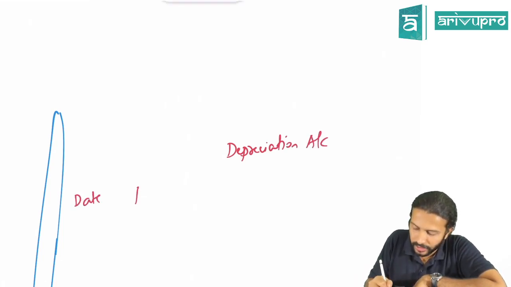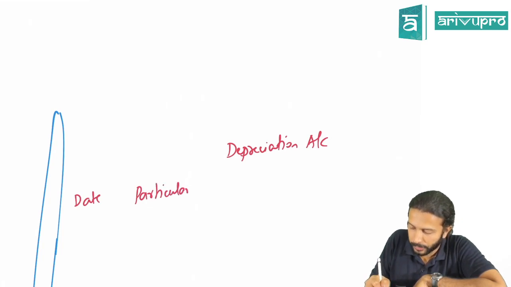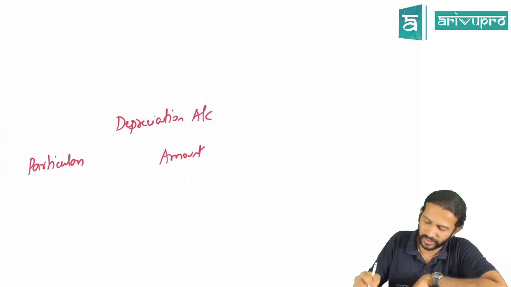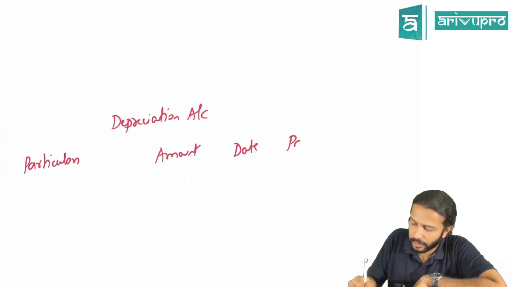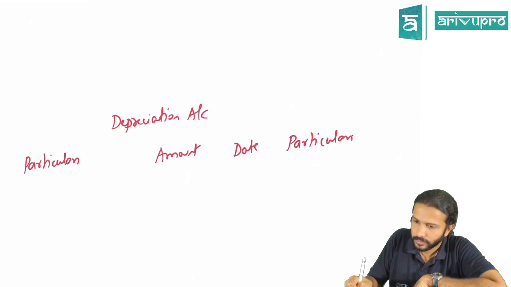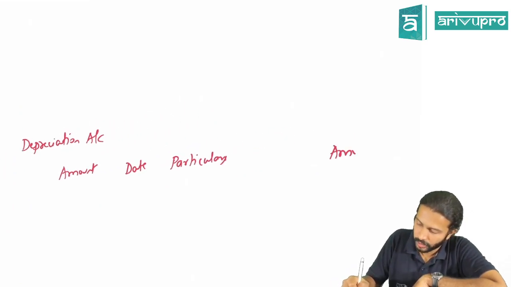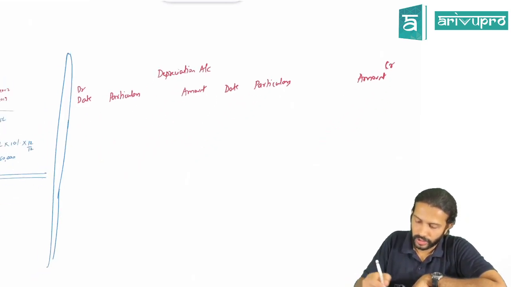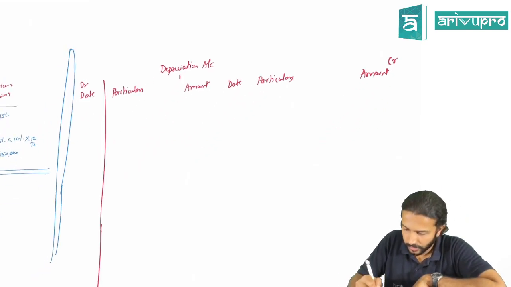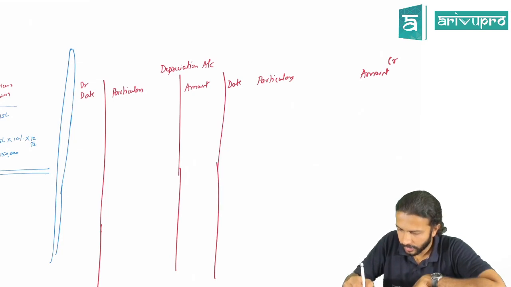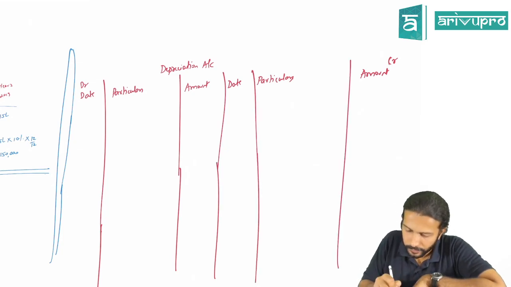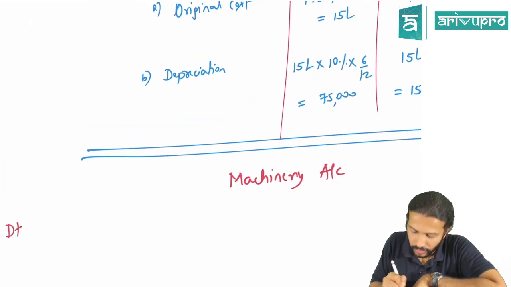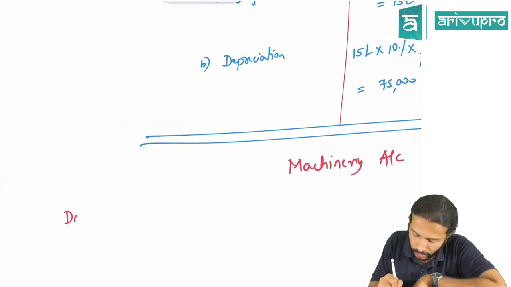So ledger means it'll have date, particulars, amount. Journal folio column I'm not writing. Okay, so it is fine. Date, particulars, amount. So these many columns we will have. This is your depreciation ledger. Similarly, I'll have the same columns for the machinery account also.